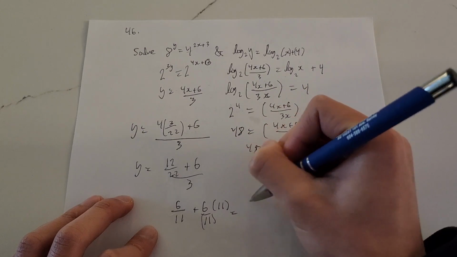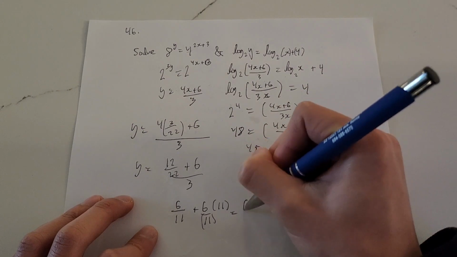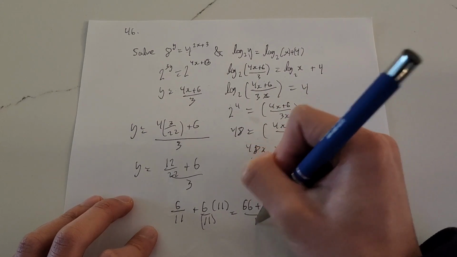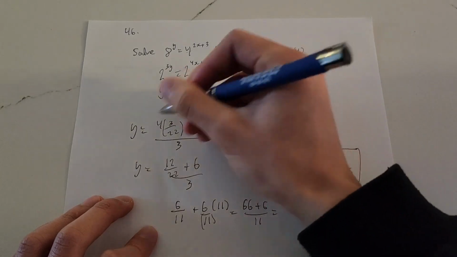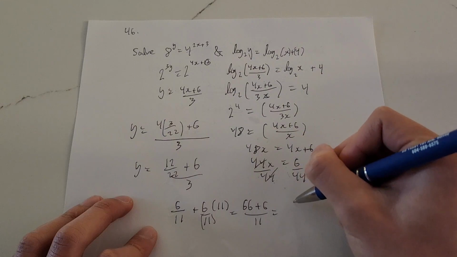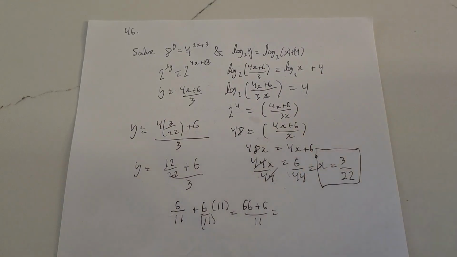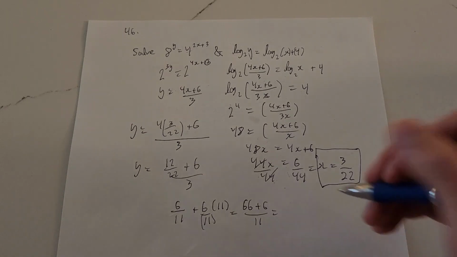That's going to equal 66 plus 6 over 11, which is, as we know, just arithmetic now, but this in general is our y value. So I'm just going to plug this into my calculator. And that should equal 24 over 11.